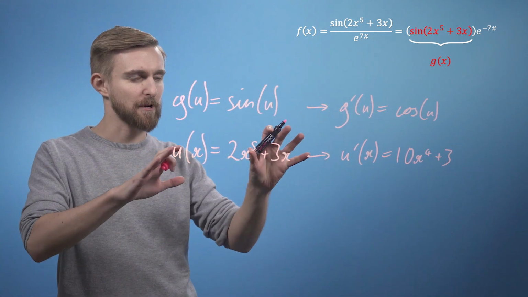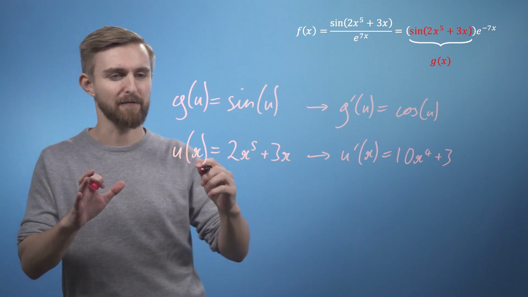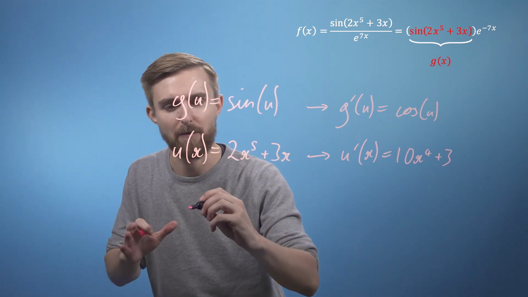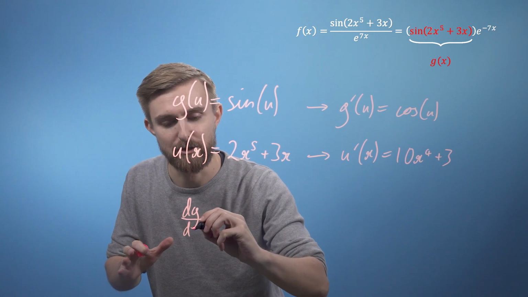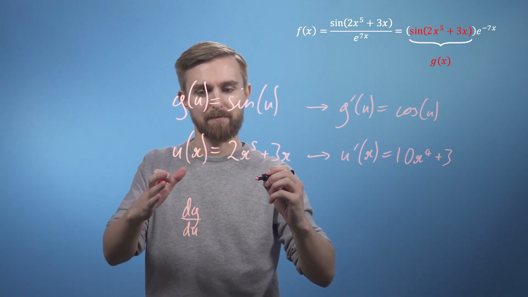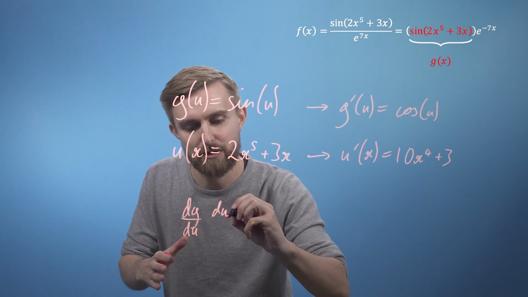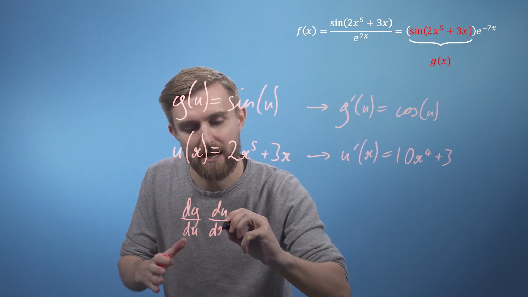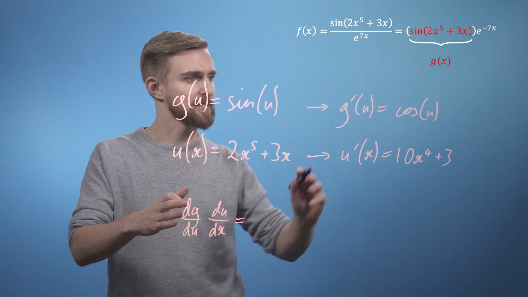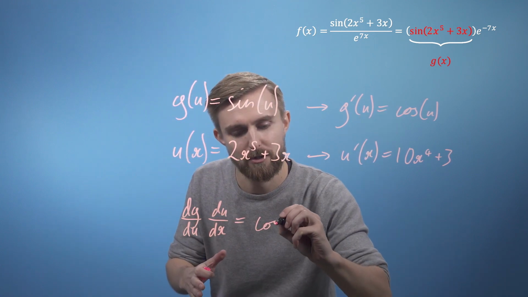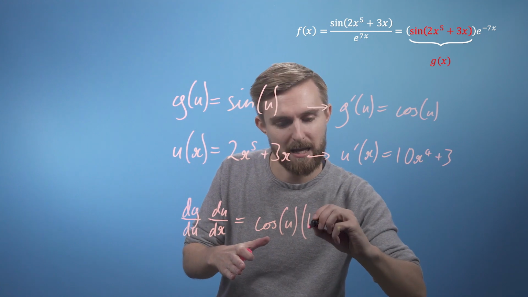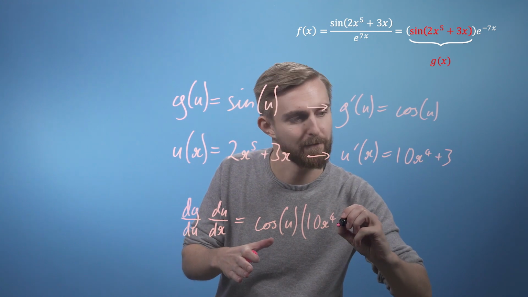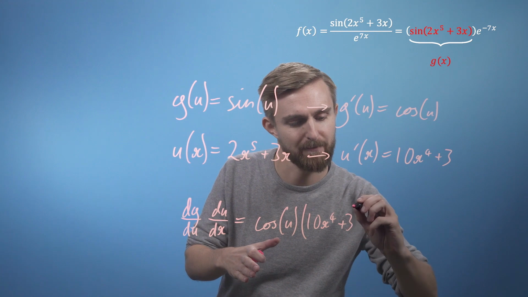Now we've got these two expressions, and I'm going to use a mixed notation for convenience. dg by du multiplied by du by dx is going to give us cos of u multiplied by 10x to the power of 4 plus 3.